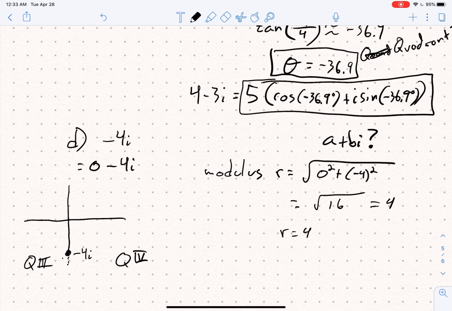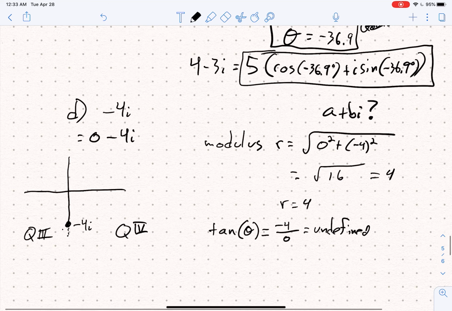Okay, and then similarly, if we say that tangent of theta is equal to b over a, well, that's negative 4 over 0, which is undefined because we can't divide by 0. Now, this seems like it would be a problem. How do we find theta if the tangent is undefined? We can't use the inverse tangent.